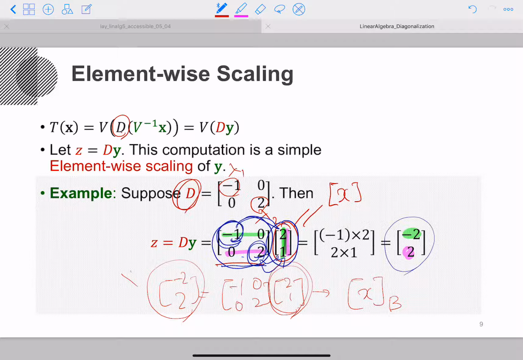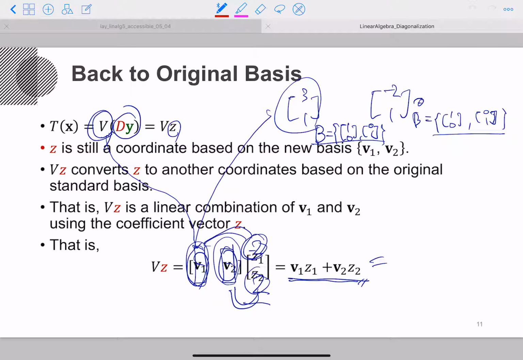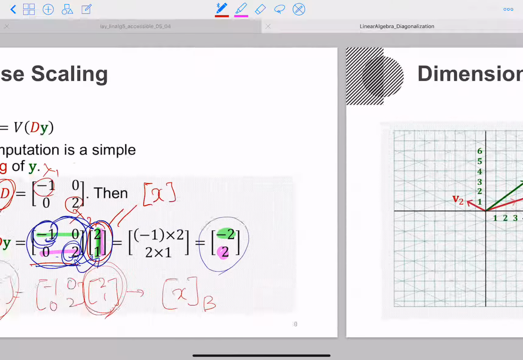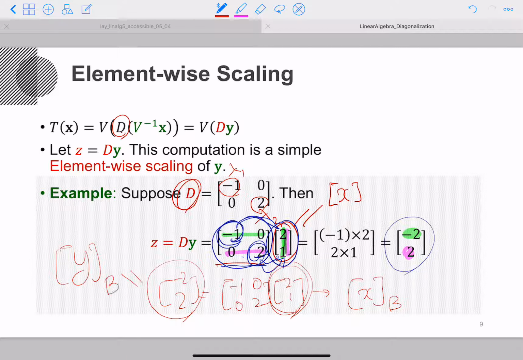And this is the output vector, which is originally like this -10, 0, but is still represented with respect to the basis vector B, right? So this is the output coordinate with respect to the basis B, and here this guy is our D.